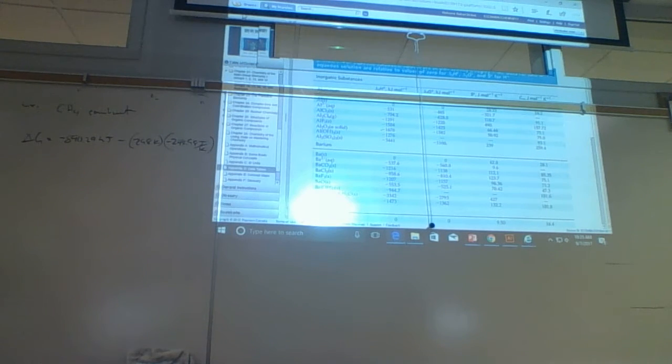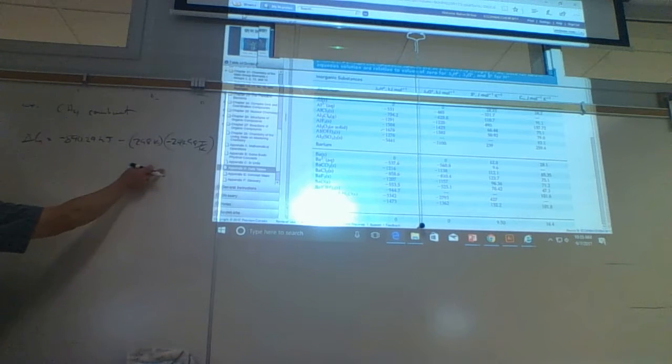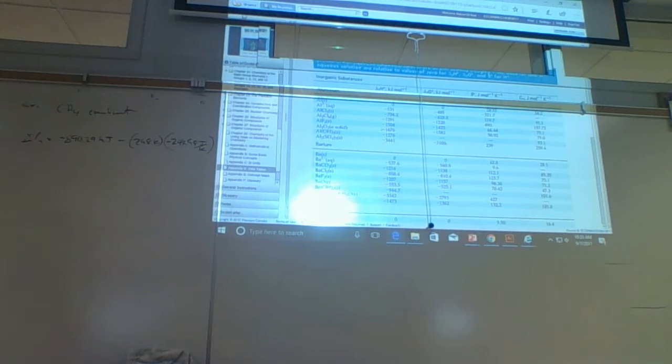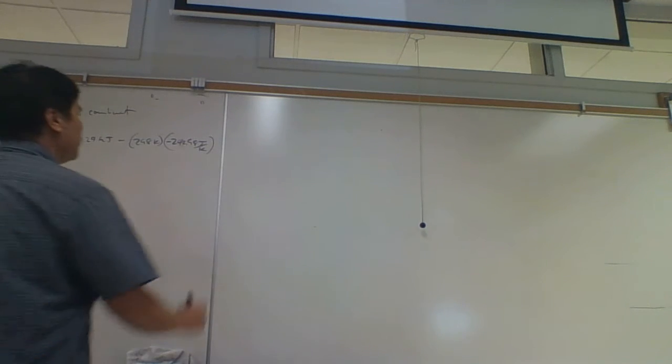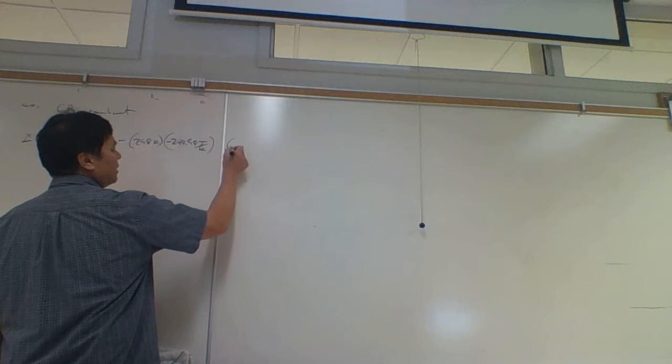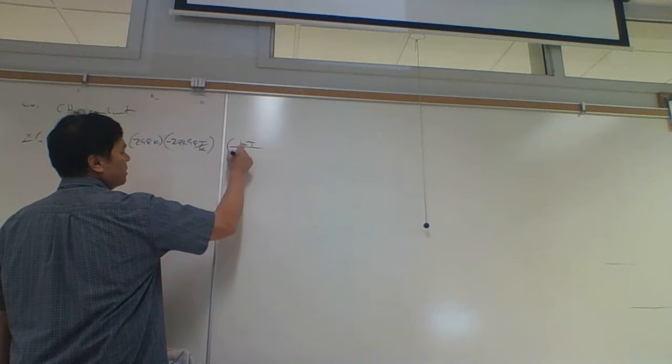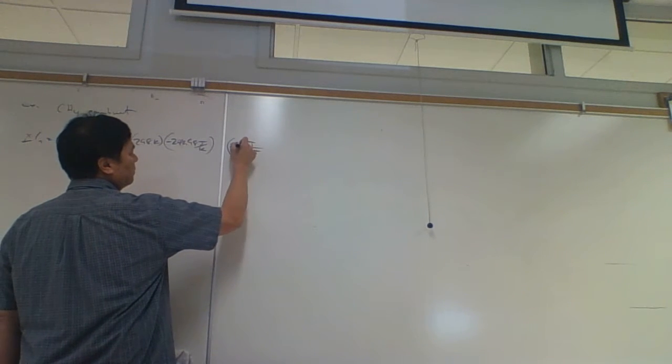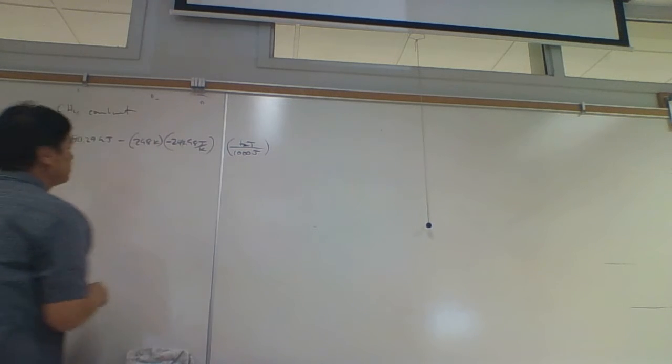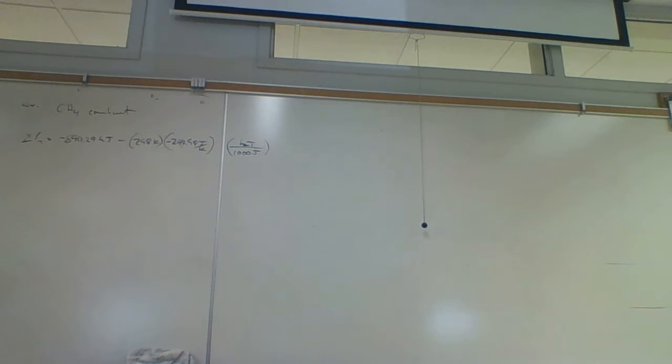So we're going to have to convert one of these into the other unit, so we can convert kilojoules into joules, or convert joules into kilojoules. Usually delta G is in terms of kilojoules, and this is the typical size. So we're going to convert that into kilojoules. 1 kilojoule is 1,000 joules. Let's do this calculation.